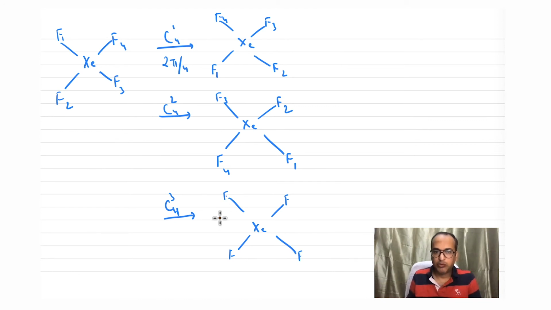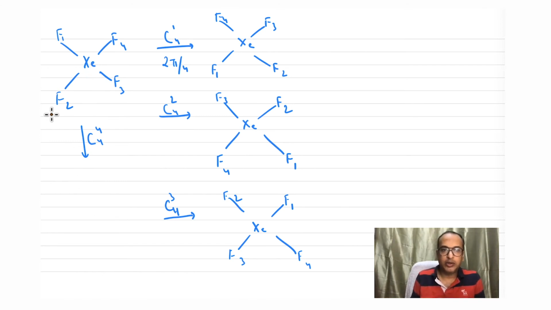So now 1 moves all the way to this position, 2 moves all the way to this position, 3 and 4. And now similarly, if we do C4 4, the rotation is 4 times. So 90 degrees into 4, that is 360 degrees. That means no rotation.